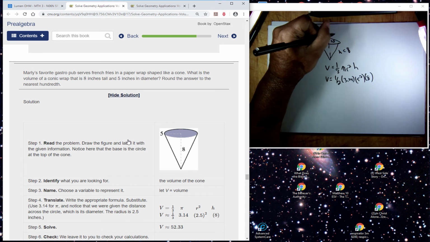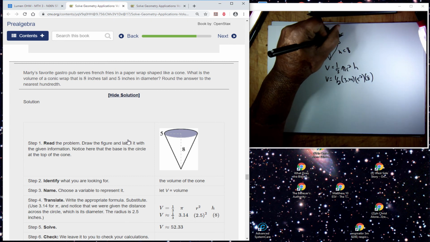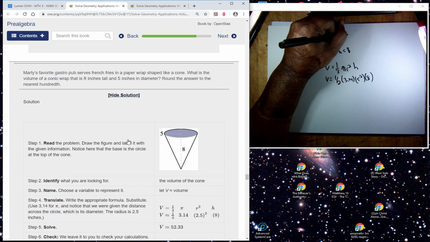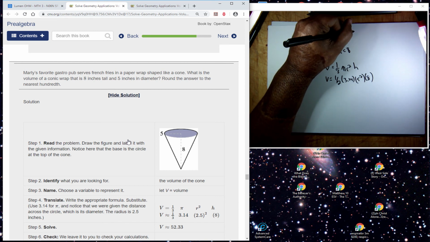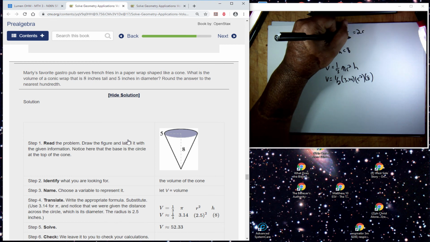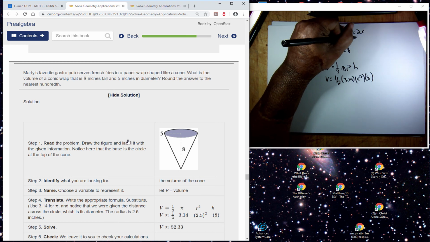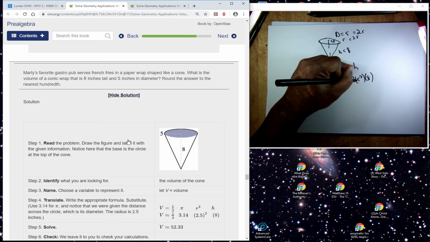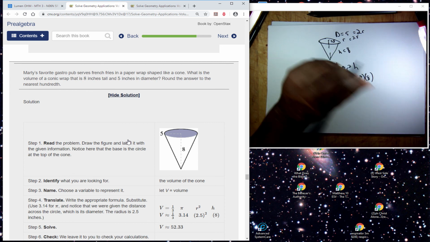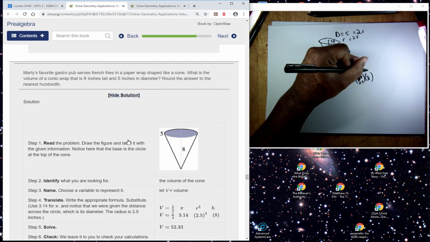So what I really have here is the diameter, which is 5. So r is going to be, let's look at a 2r, so r is equal to 2.5. So what I really have here is 2.5 squared.